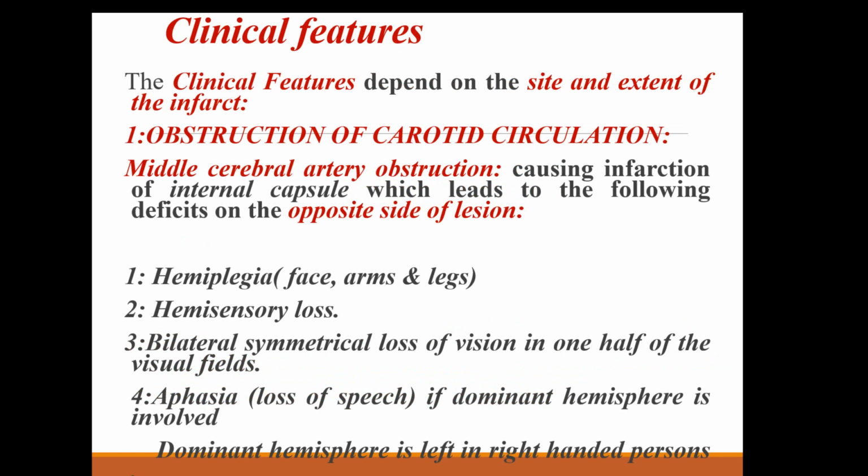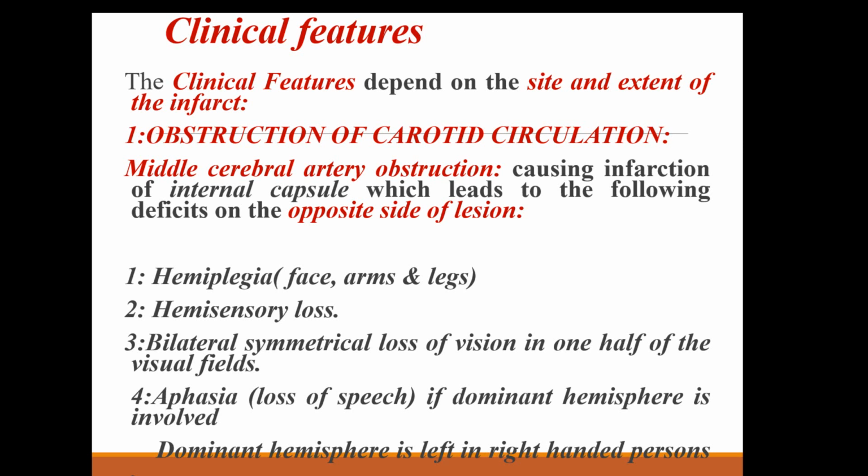Now, what are the clinical features? Clinical features depend on the site and extent of infarction. They actually depend upon the site and extent of the area of blockage of blood supply or damage of the brain.